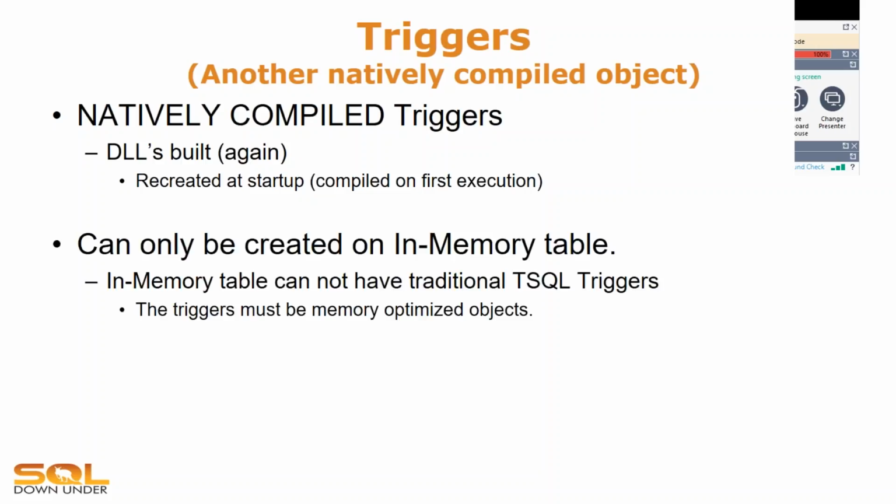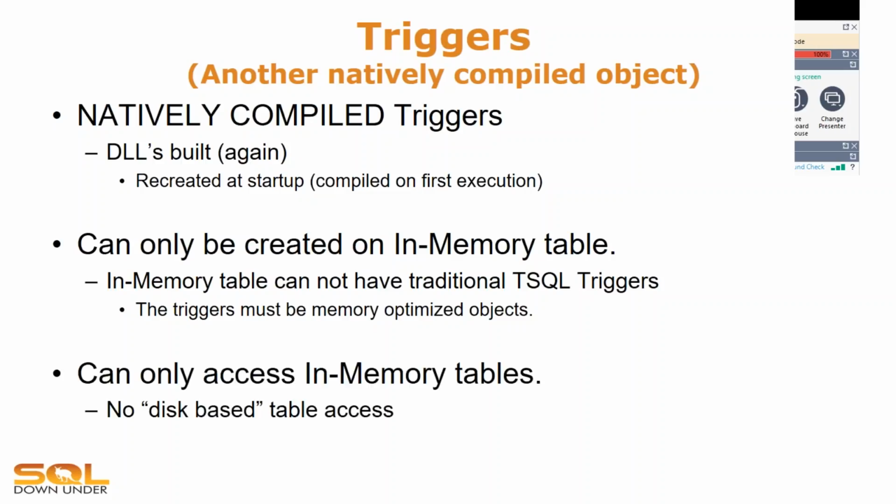Now, one of the things you can only do in natively compiled objects is access other in-memory tables. So from a natively compiled trigger, you can't actually access a traditional T-SQL table. And that could be a limitation for some people.